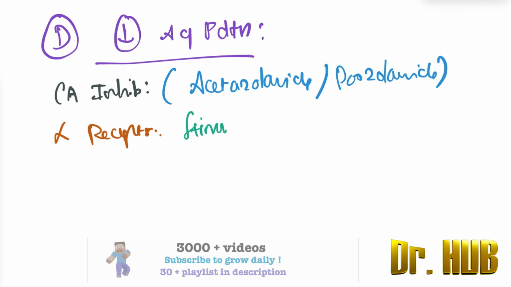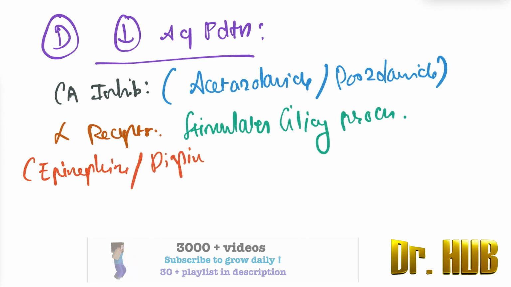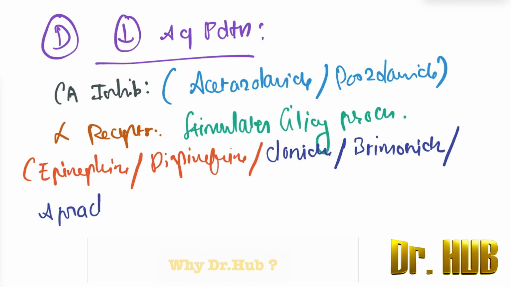The examples here are epinephrine, then dipivefrin, then there is also clonidine, brimonidine, as well as apraclonidine. Then there are the beta blockers. All these decrease the aqueous production.